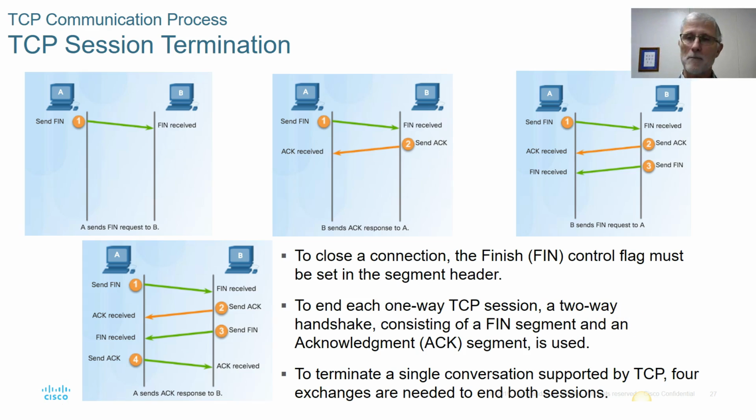So the sender says, I'm closing this application down. The receiver sends two packets back, one acknowledging the request, and two saying, hey, shut everything down. And then you send an acknowledgement that says, thank you very much, terminating the conversation, and both sessions are done.